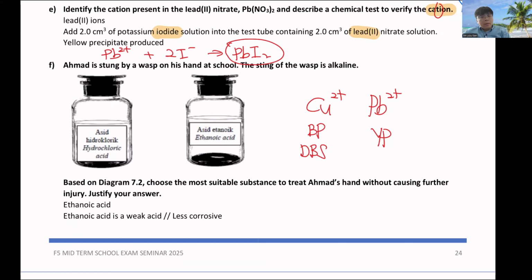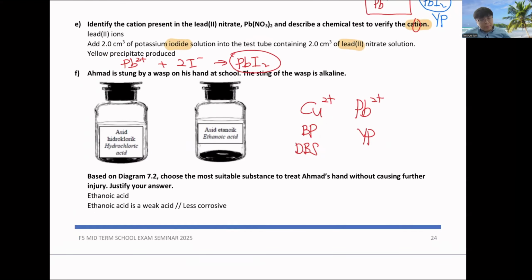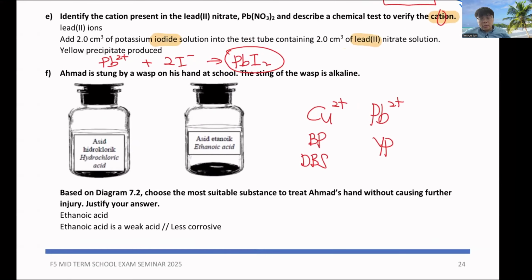Yeah, right. Okay, we'll try another question, another similar question. But this time I want to do an essay a bit, because there is quite a high chance your midterm essay is this. Can I write dilute hydrochloric acid? Then what is the reason you want to write? You should write dilute hydrochloric acid, but because it is mentioned without causing further injury, what does it mean?